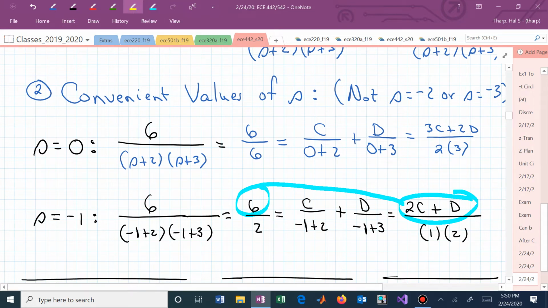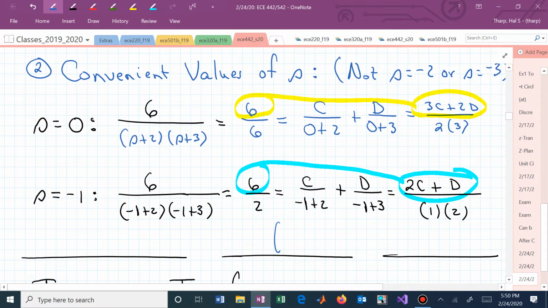And I also have 3C plus 2D equaling 6, and I could set that up as a system of two equations and two unknowns. I have 3C and 2D, and 2C and 1D.